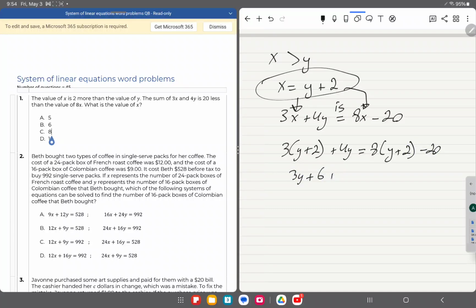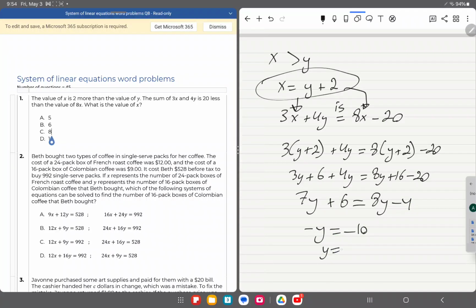So 3y plus 6 plus 4y is equal to 8y plus 16 minus 20. So I've got here 7y plus 6 is equal to 8y minus 4, minus y is equal to minus 10, y is equal to 10.